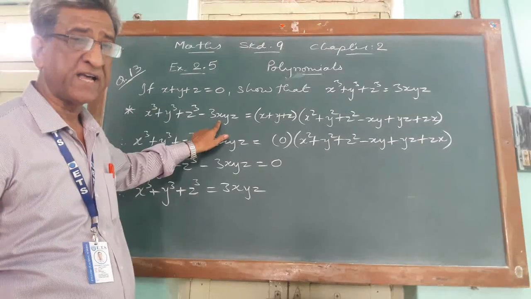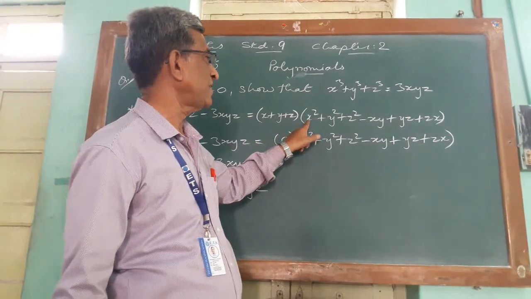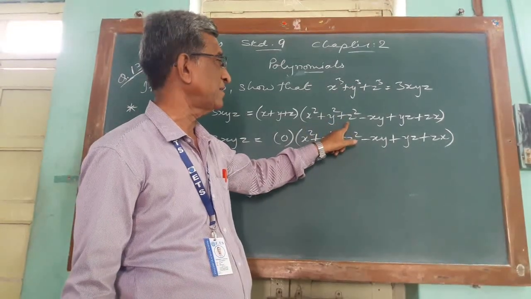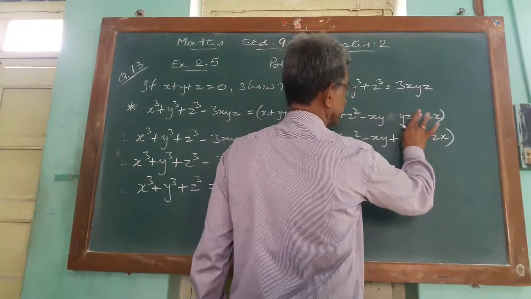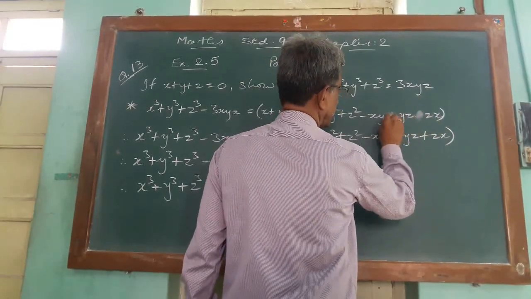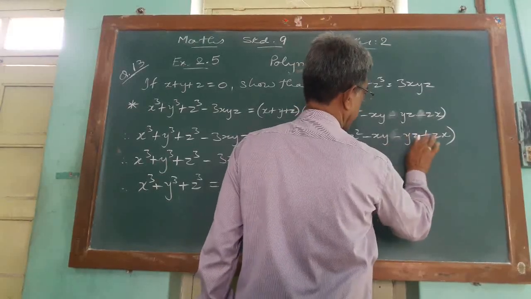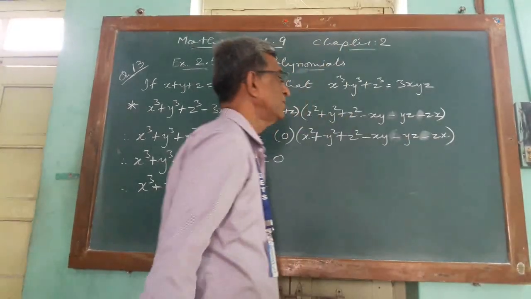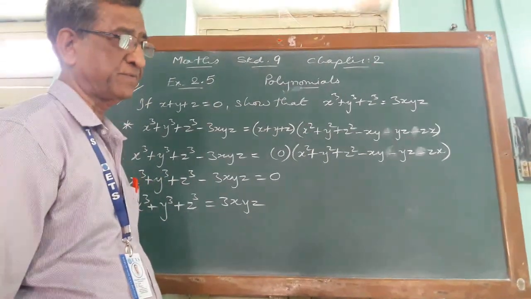What is its formula? (x plus y plus z) into (x square plus y square plus z square minus xy minus yz minus zx). So this formula we have studied in the last two sums.